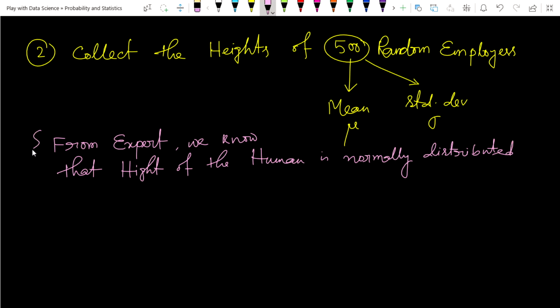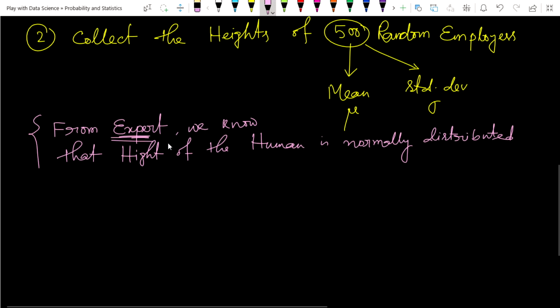We know these things from the experts of that domain. Here the domain may be doctors, human psychologists, or human experts that study human physiology.